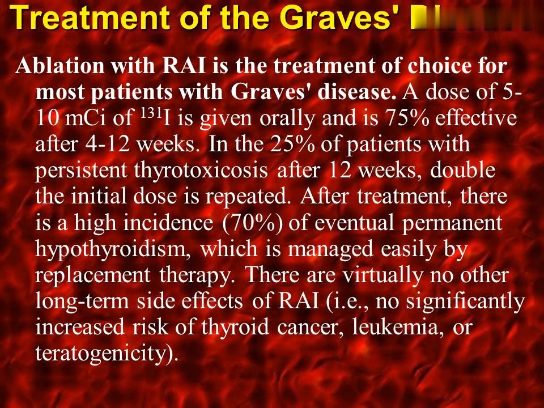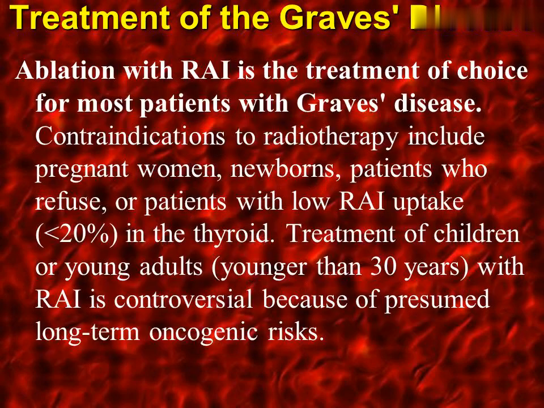After treatment, there is a high incidence, 70%, of eventual permanent hypothyroidism, which is managed easily by replacement therapy. There are virtually no other long-term side effects of RAI, i.e., no significantly increased risk of thyroid cancer, leukemia, or teratogenicity.